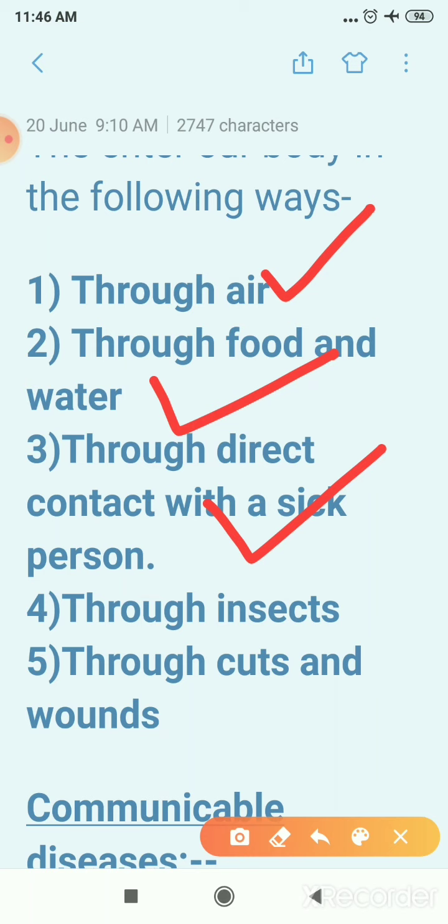Female Aedes mosquito carries dengue virus. Through insects, from mosquitoes, from flies, germs can enter our body. Through cuts and wounds. Through cuts and wounds also, germs can enter into our body.